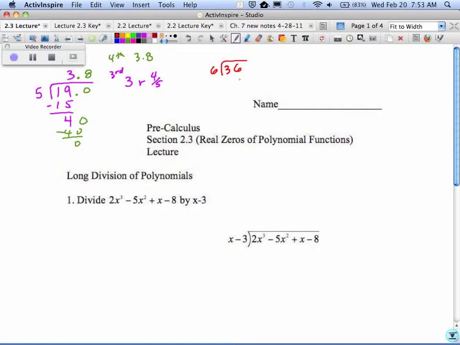Like 36, 6 going into 36 goes in there 6 times. 6 times 6 is 36, right? That means it is a factor when you get a remainder of 0 without using decimals.